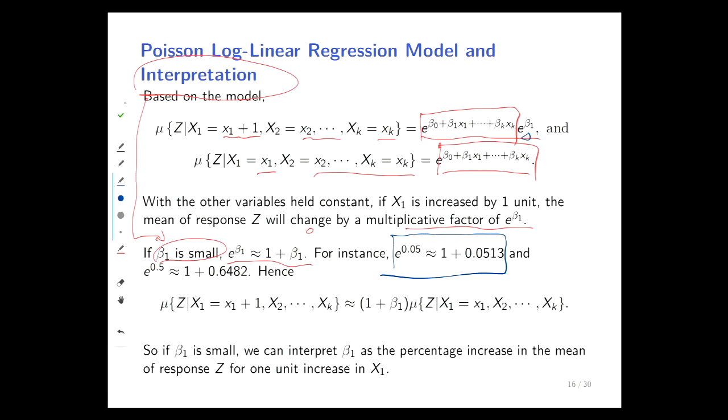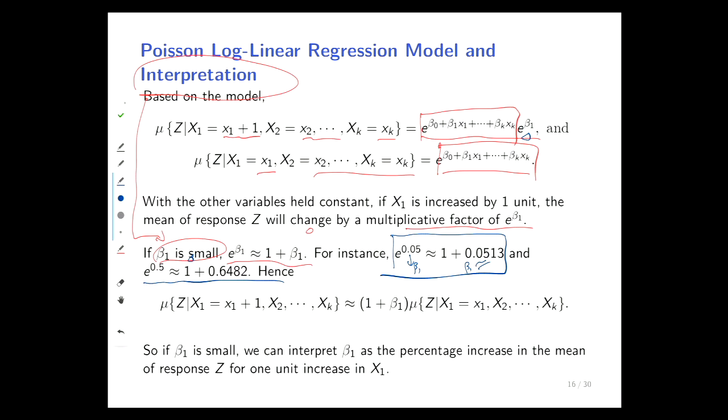The exponential of 0.05 is approximately equal to 1 plus 0.05, so beta 1 can be approximately 0.0513. This is only valid when beta 1 is small, but when beta 1 is large, like 0.5, it's no longer valid. So you can only have this interpretation when beta 1 is small.